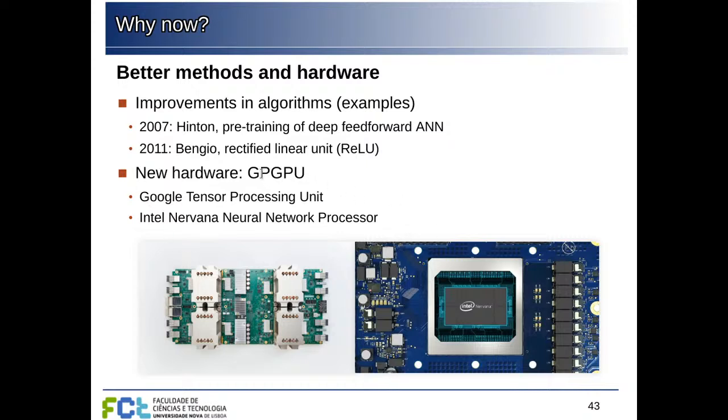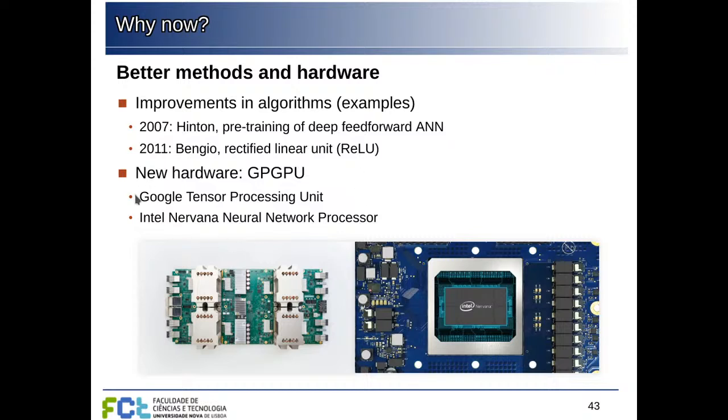One big boost was general purpose GPUs, where GPUs could be used for general computation and not just for synthesizing images. This way it was very easy to train neural networks using massively parallelized processing, and it sped up the training a lot.